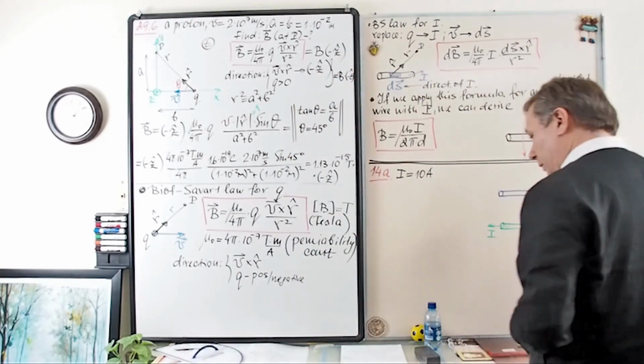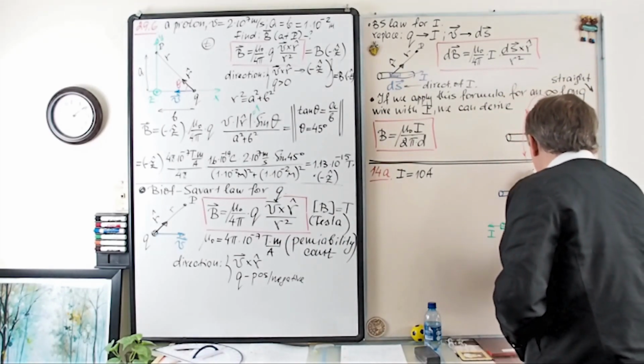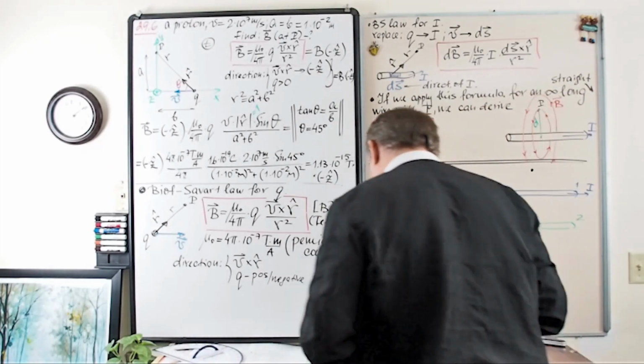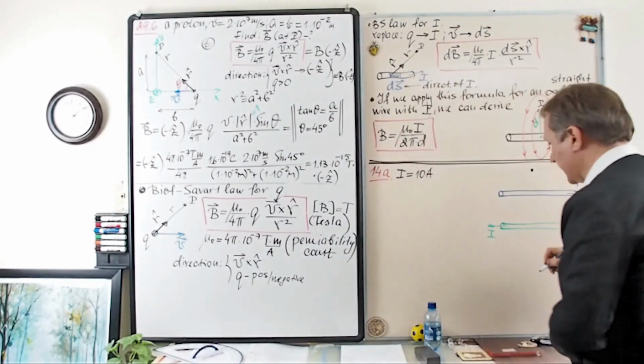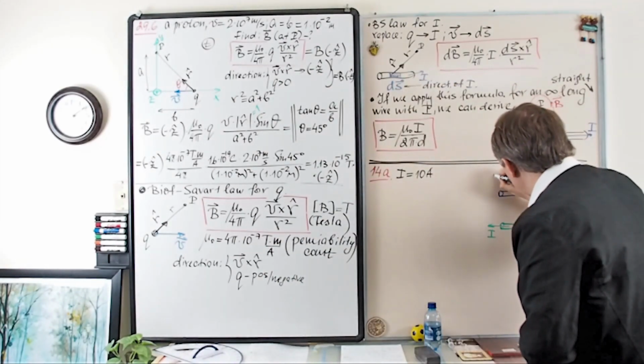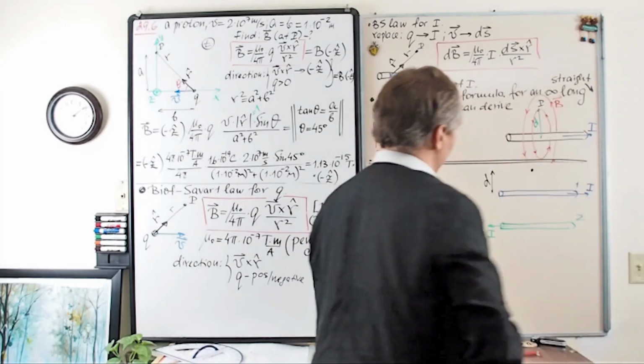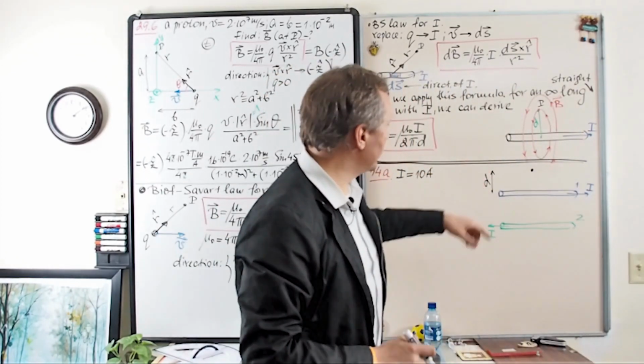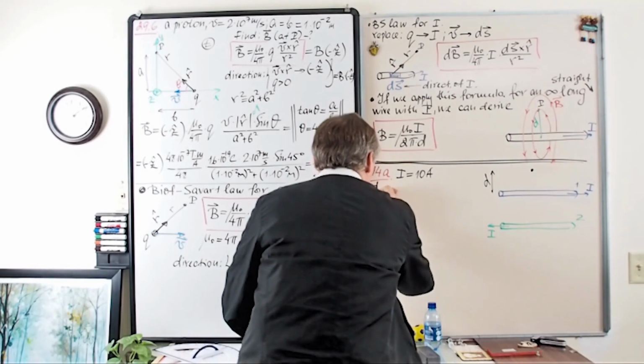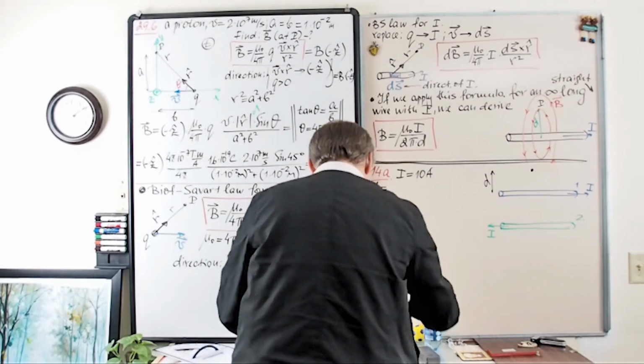So what do we know about the point in part A? That point is at the distance D from the upper wire. So you see, from the upper wire, distance D. The value of D is 2 centimeters.